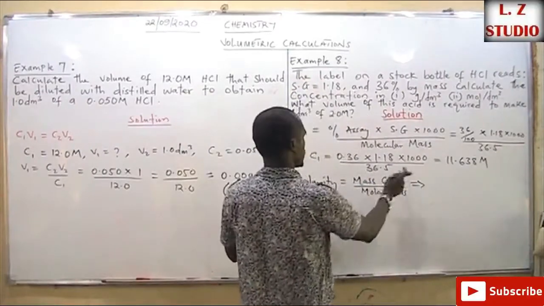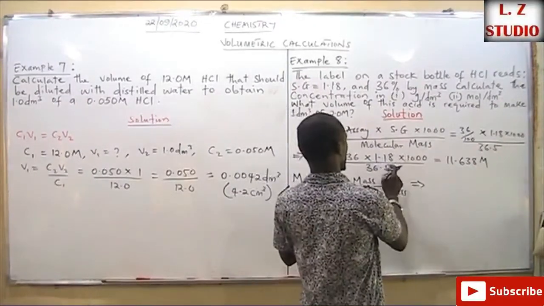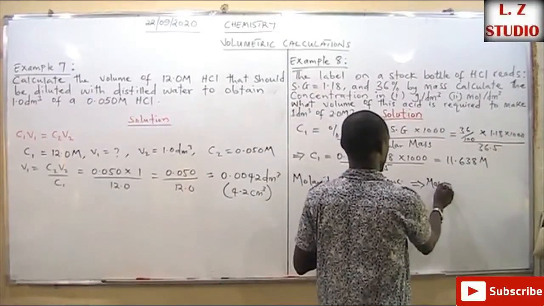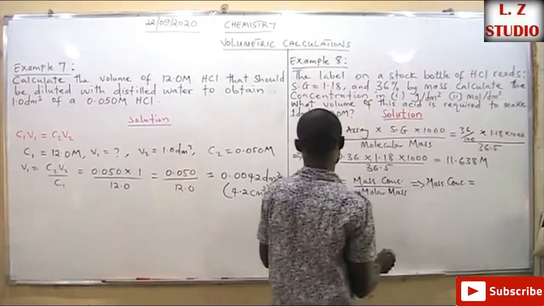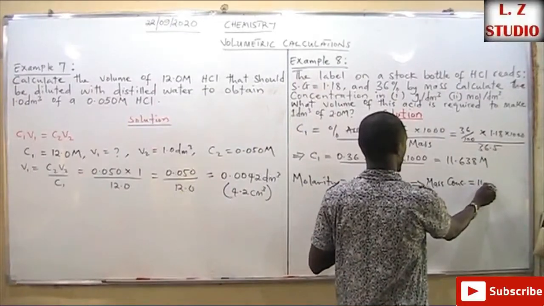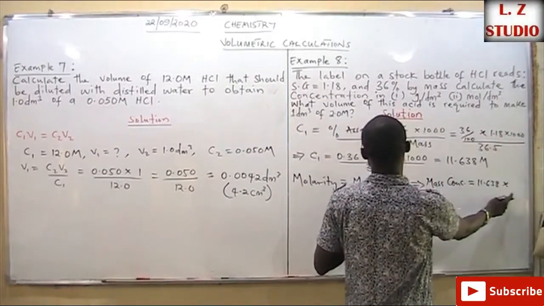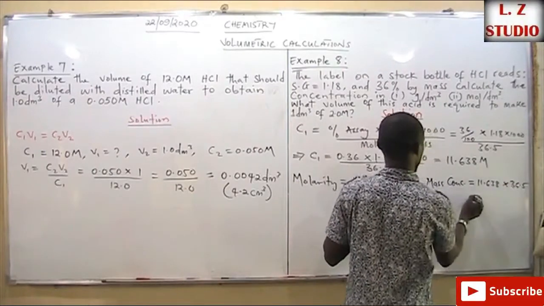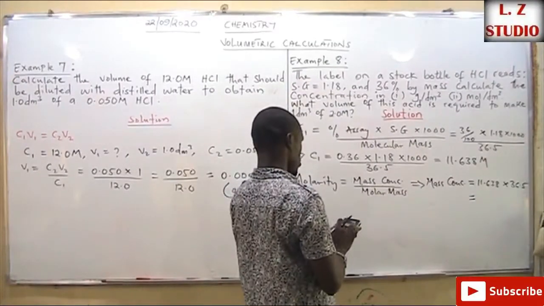Our molarity is 11.638 while the molar mass is 36.5, but we don't know the mass concentration. So mass concentration is equal to molarity times molar mass. We have 11.638 times 36.5.